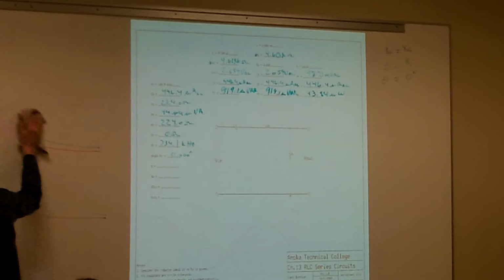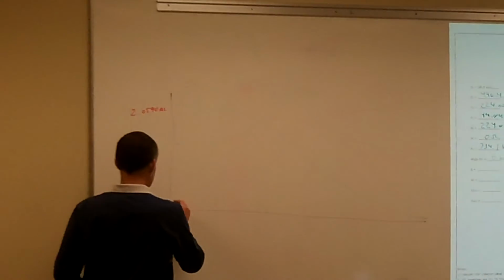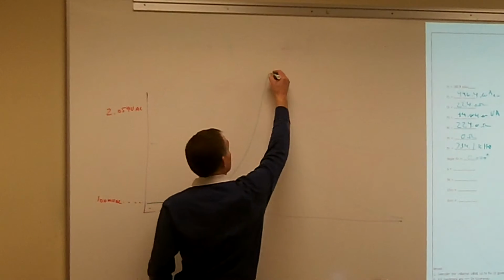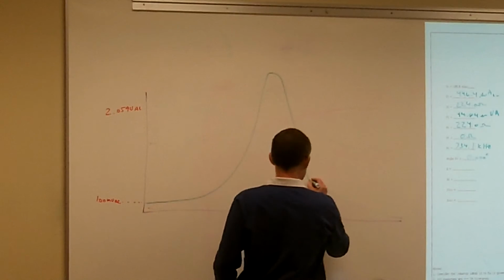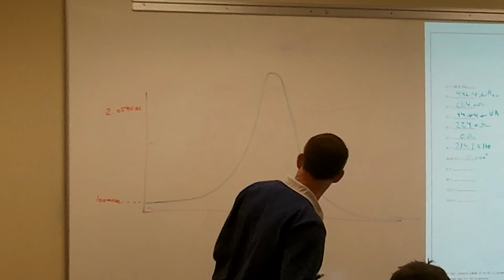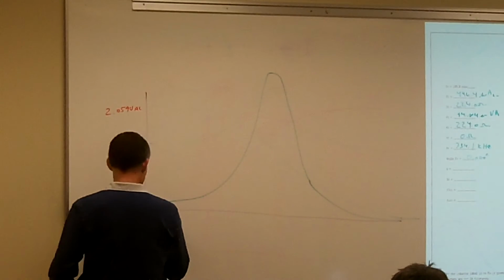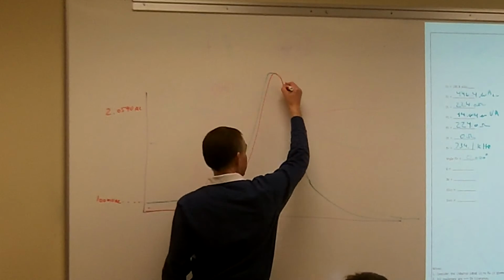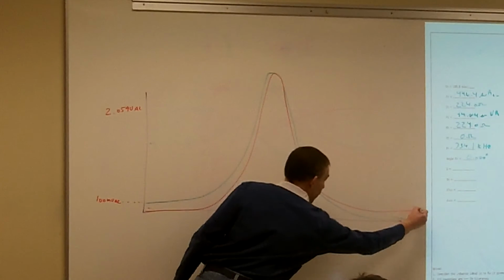Let me draw this one more time here. The VL starts off very low, and VC stays very high.